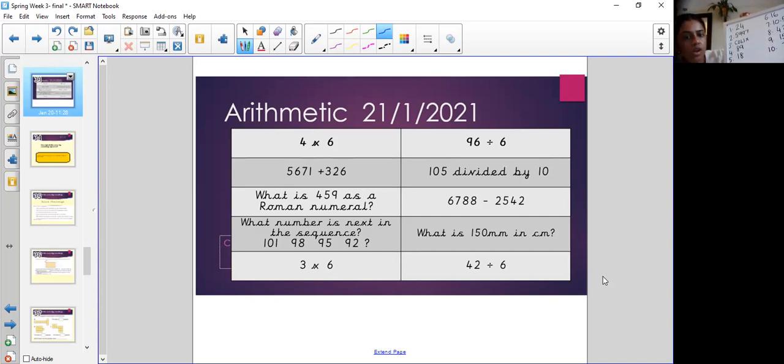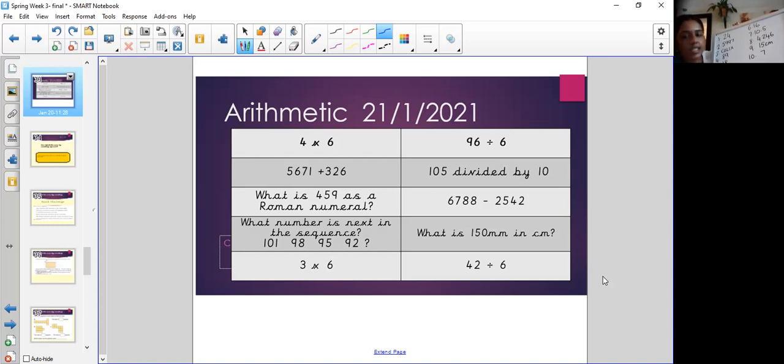Number four, what number is next in the sequence? The answer is 89. And number five, 3 times 6 equals 18. And if we move over to number 6, 96 divided by 6 equals 16. And number 7, 105 divided by 10 is 10.5.